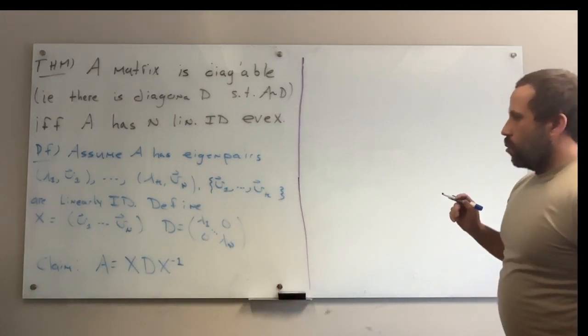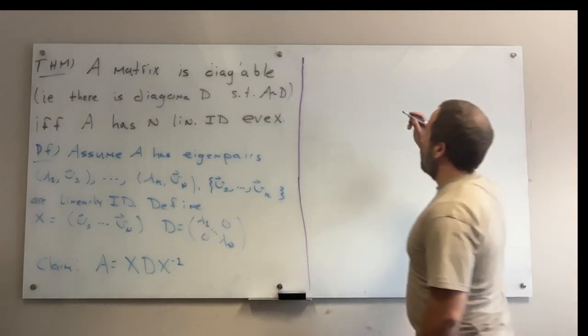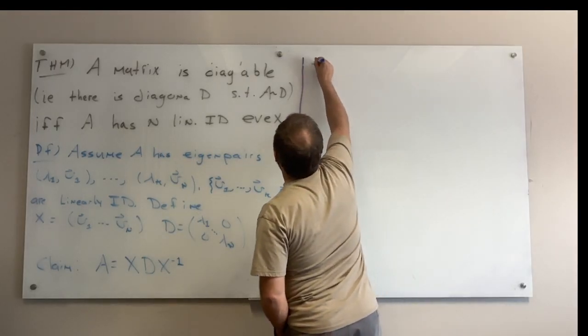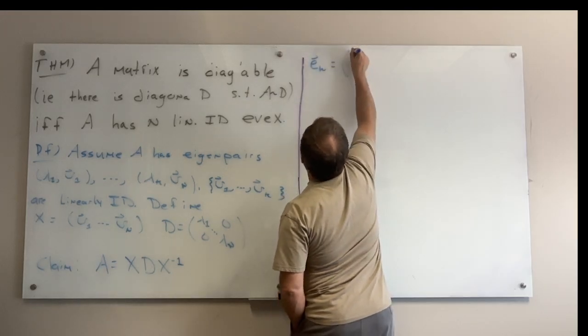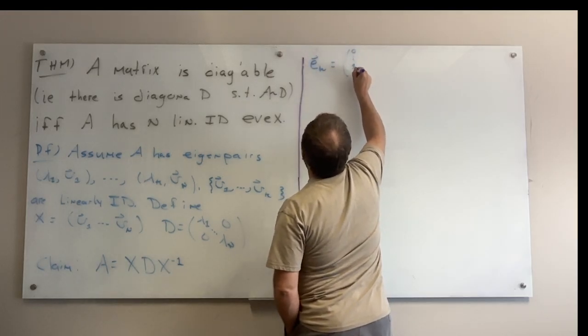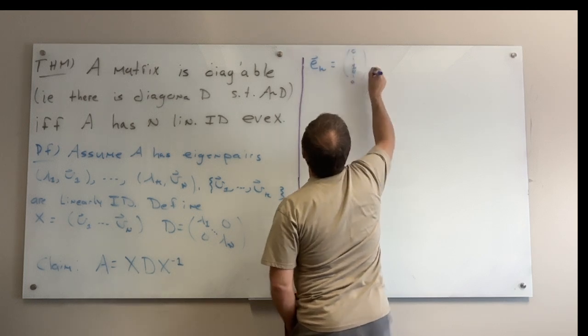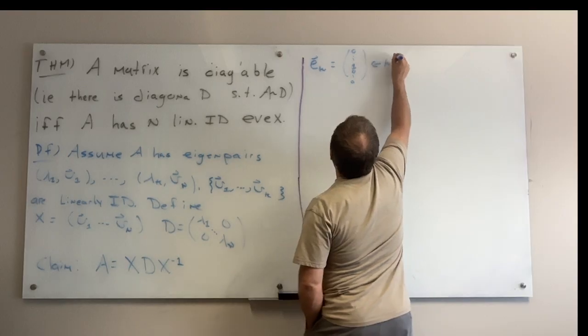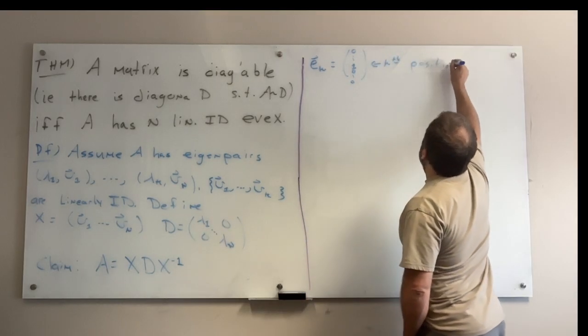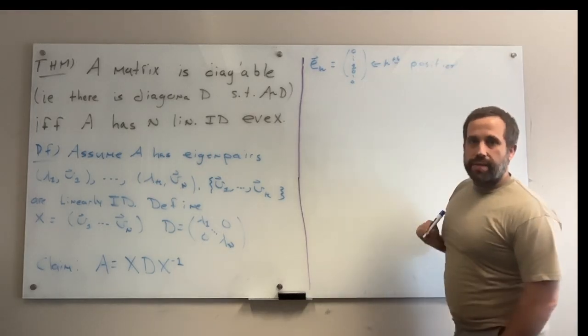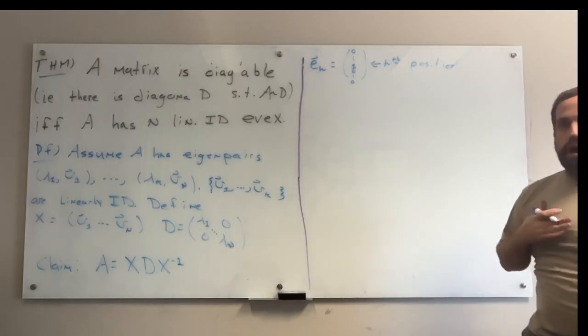Let's begin with the following observation. If I let e_k be the standard basis vector, it's all zeros except for a 1 in the kth position. That's just a notation that we use throughout the semester.